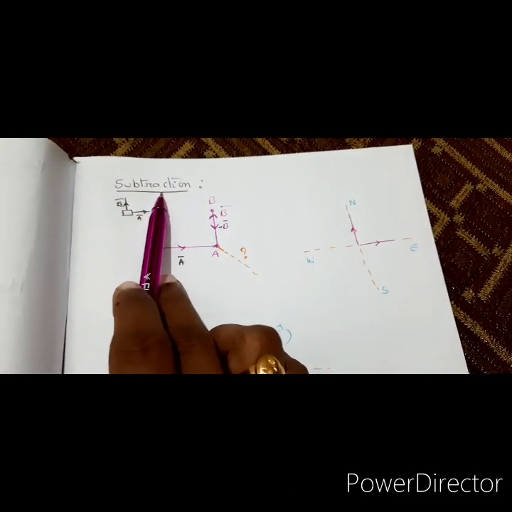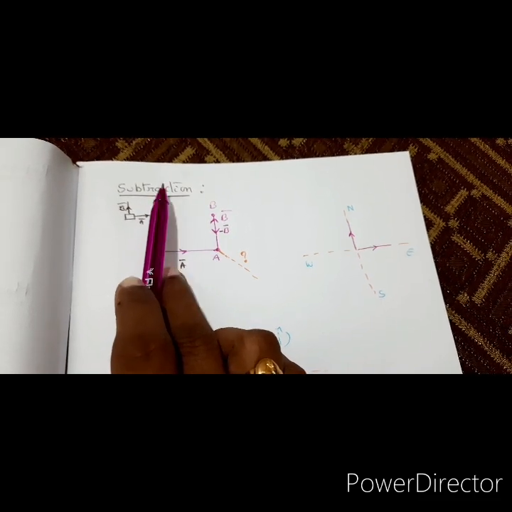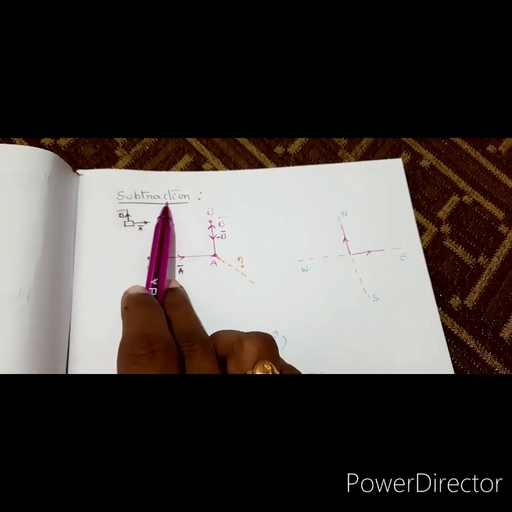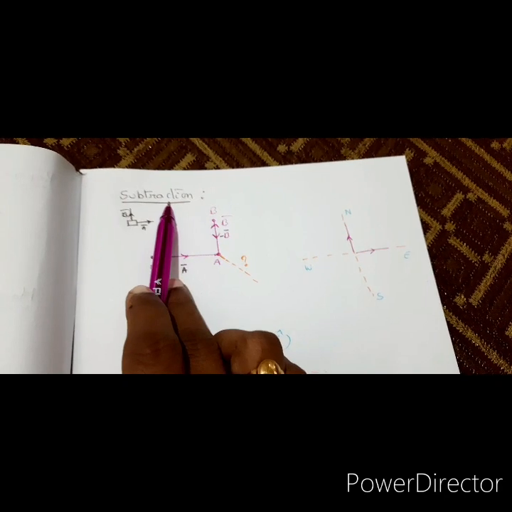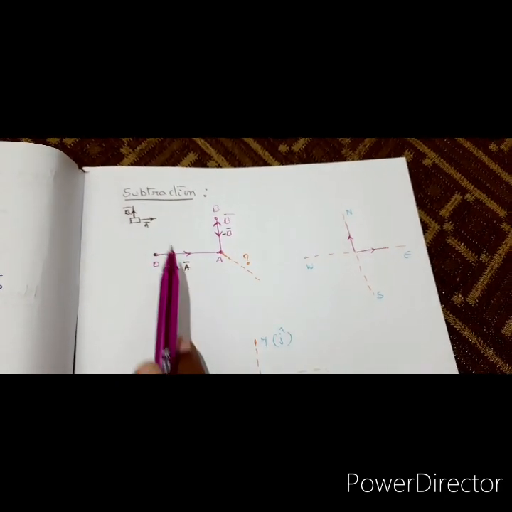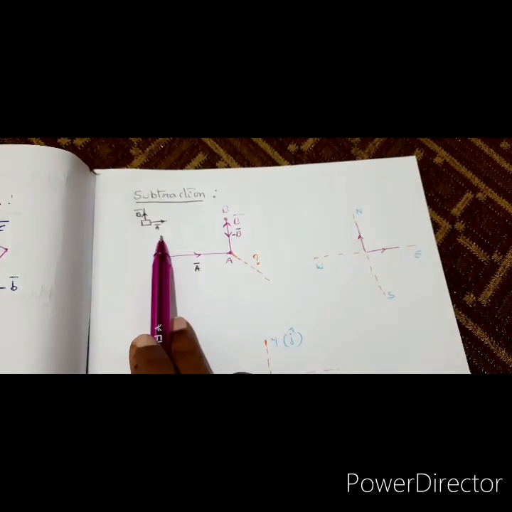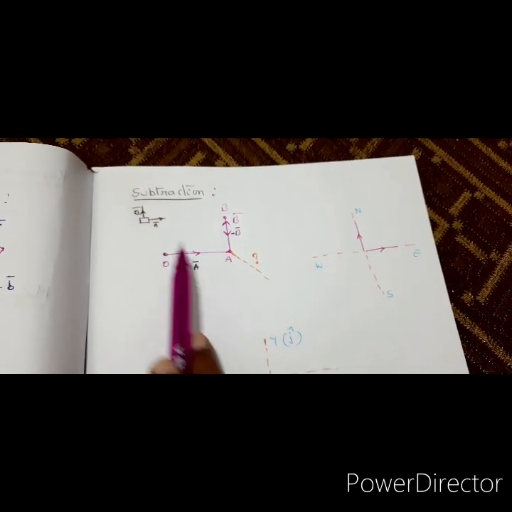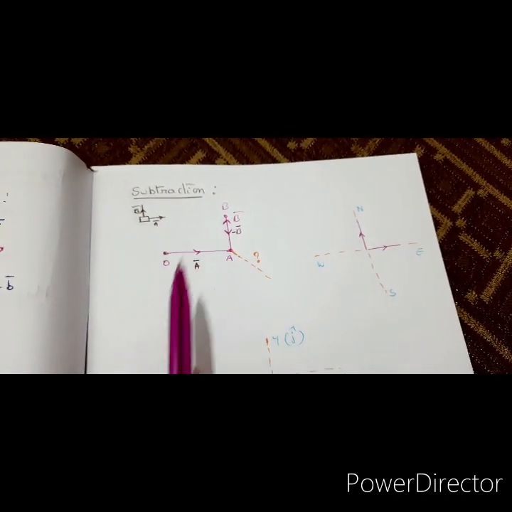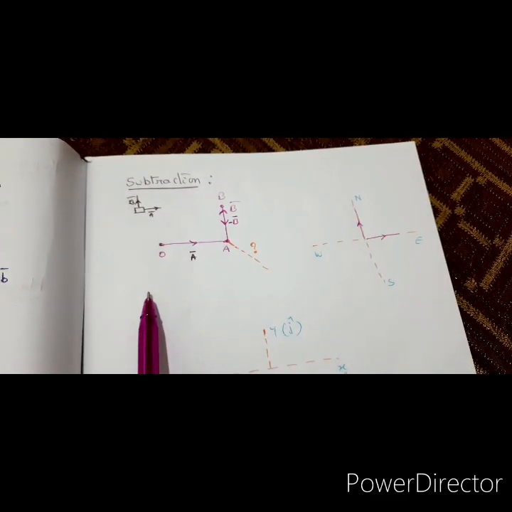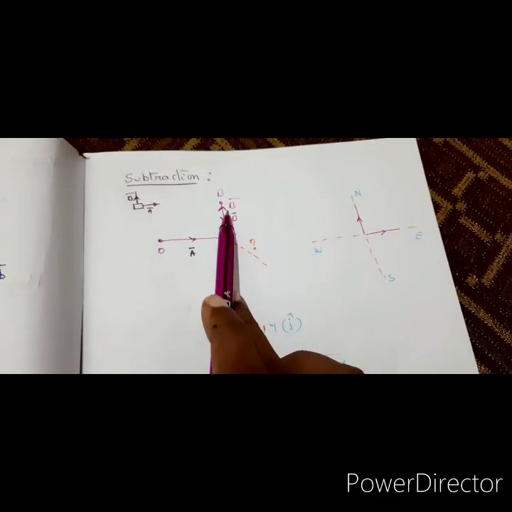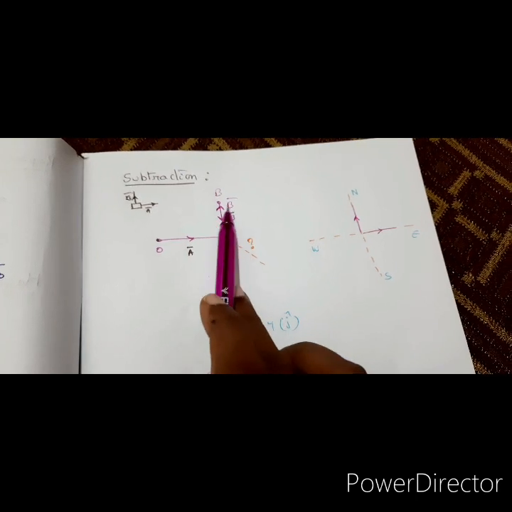You know very well that subtraction is adding the negative of a number to the given number. The same concept is here. Adding the negative of a vector to a given vector gives you, as the resultant, the subtraction of the second vector from the first. So I want to draw a negative vector. What's a negative vector?